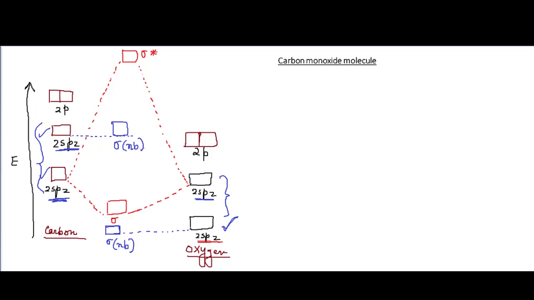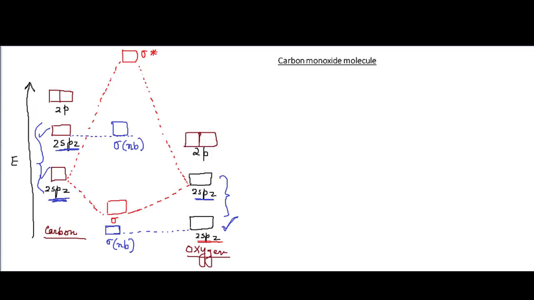So hope you understand why these non-bonding orbitals are formed: they are energetically very far from each other and unaffected by each other's energy, so they form their own molecular orbital.